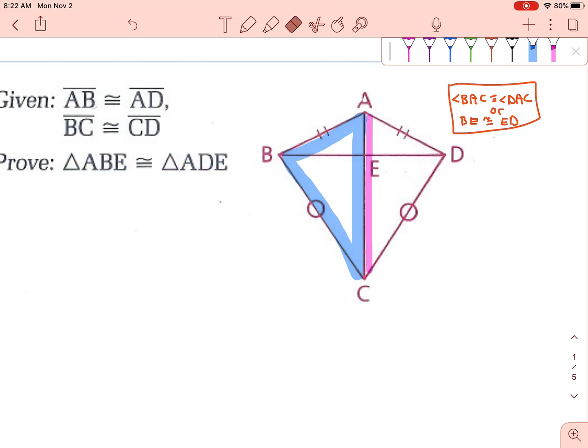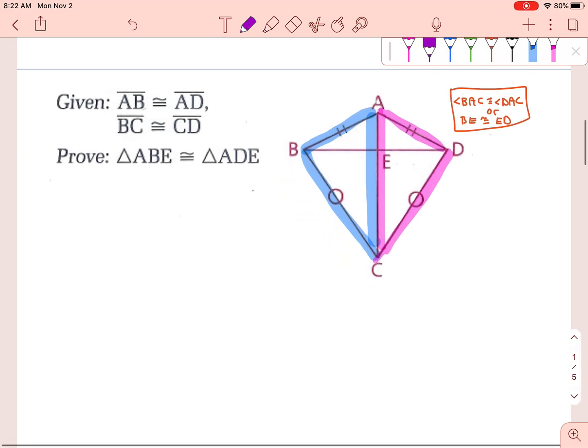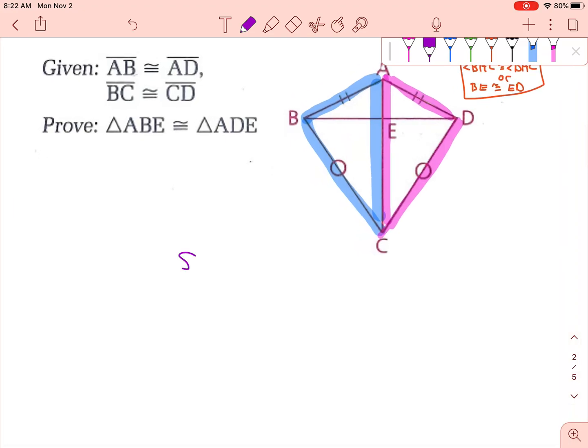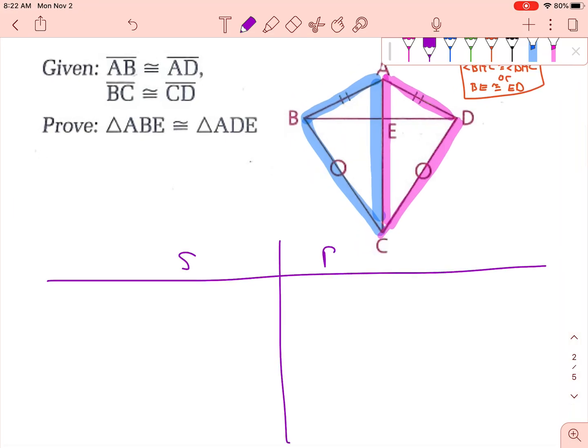If I highlight this and this, that's what I have, and highlight this and this, that's what I have. And it's like, oh, wait a minute, I can get these bigger triangles congruent to each other, because as I trace that blue side and this pink side, I see that that is a reflexive side. So I can probably get these triangles easily congruent to each other.